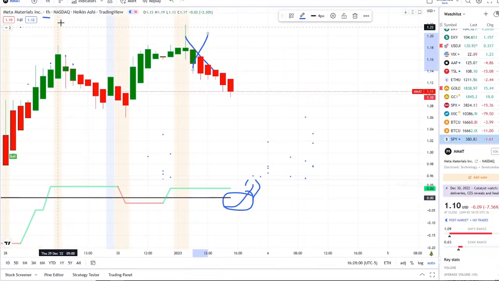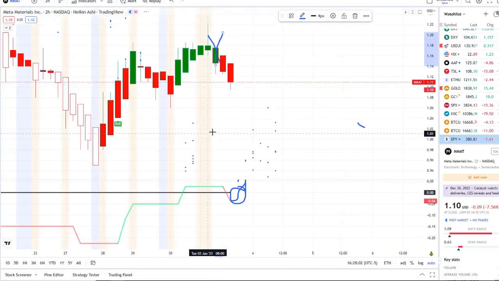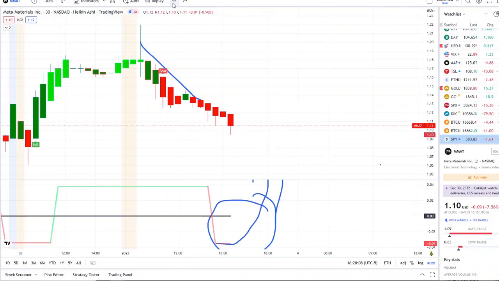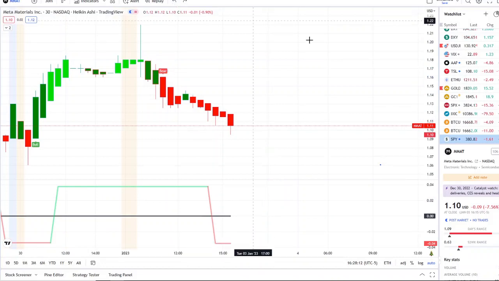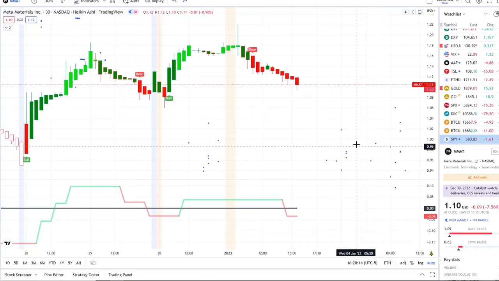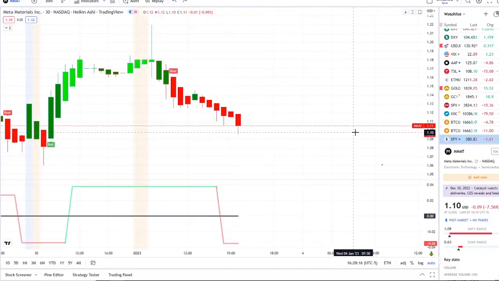But if that 2 hour does not cross back up, it could eventually pull all of them down with it, and this could test newer support levels. And to the downside, the first support is 110, below that is 105, and then I would watch $1. As always, guys, thank you guys so much for watching, and let's make some money.